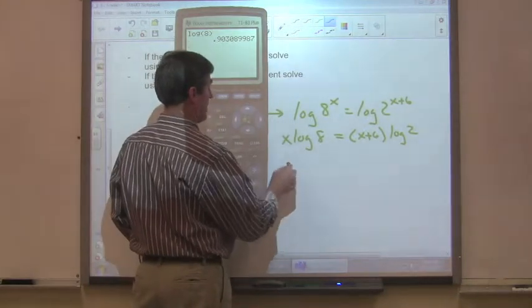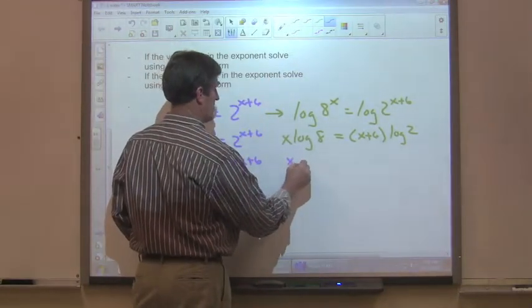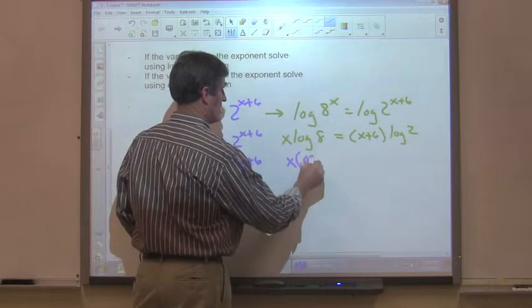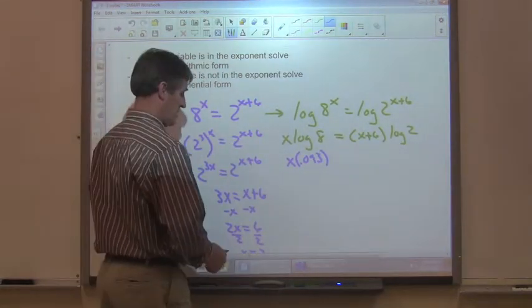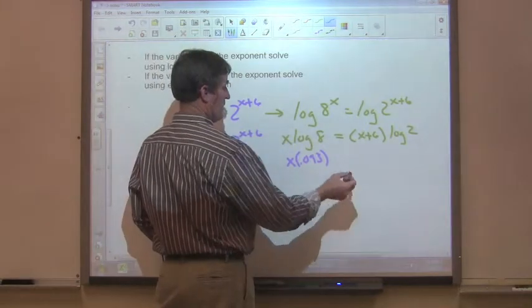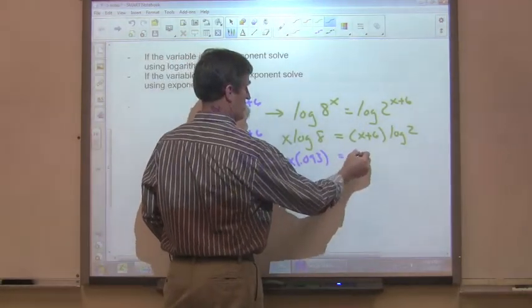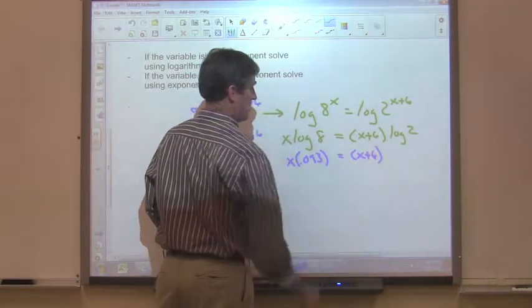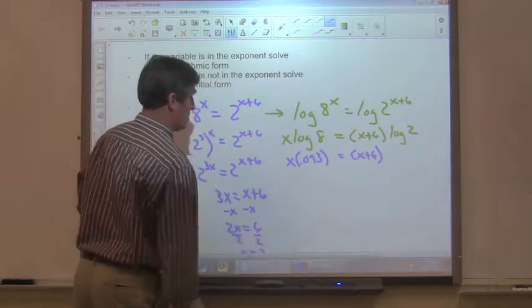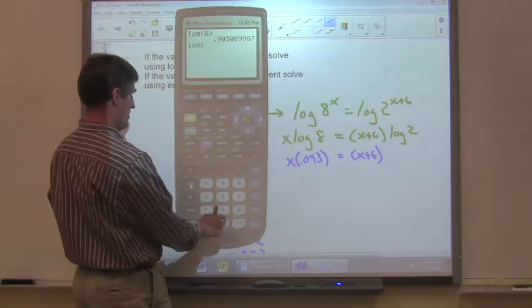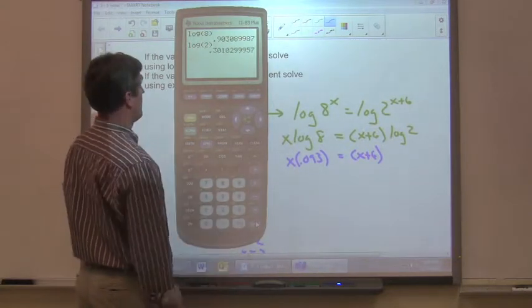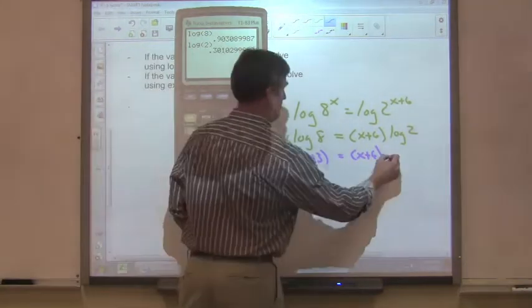And I'll have you round these to 3 places. It'll give us a fairly accurate answer. And then we can do log base 10 of 2, so log 2, and get 0.301.